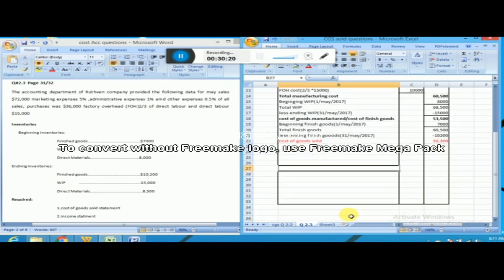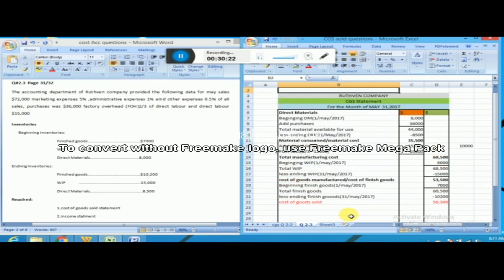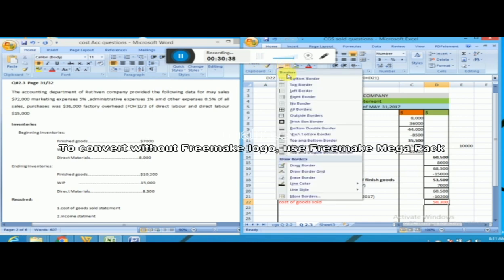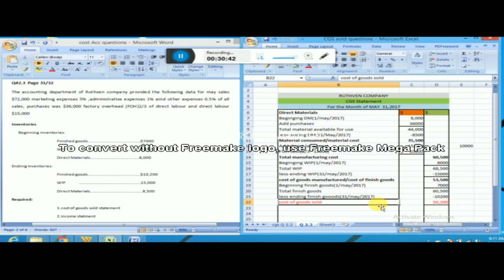Clear? So this was our CGS for the month of May of Rudwin Company, that we found out the CGS, cost of goods sold statement for the month of May. So hope you understand, dear students, how we can prepare the CGS statements.